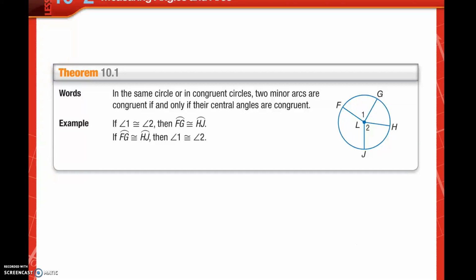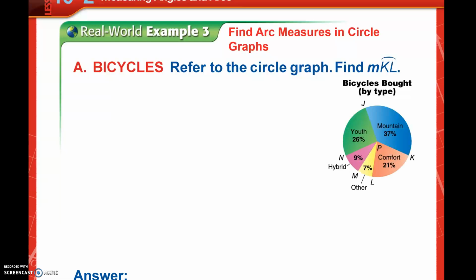So if I have two arcs that have the same angle measure, then they're congruent arcs. If the arcs are congruent, then the angle measure is the same. So here, we're finding the measure, not the length, of KL. So we see that this is 21% of the whole distance around.